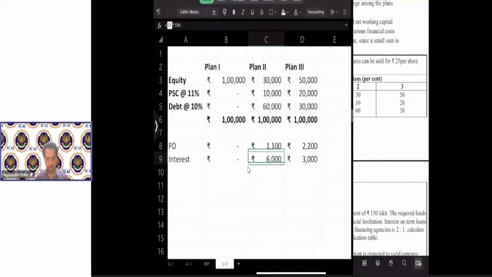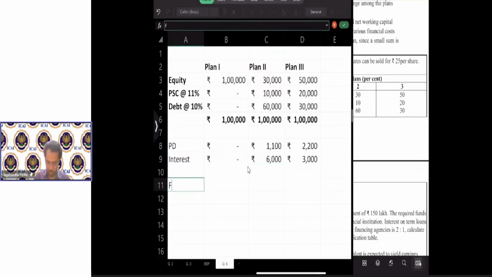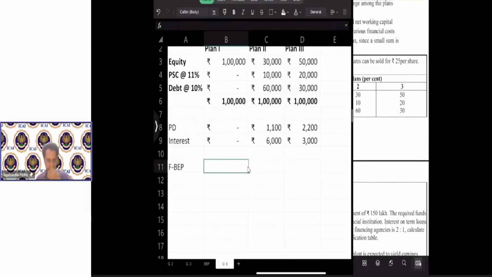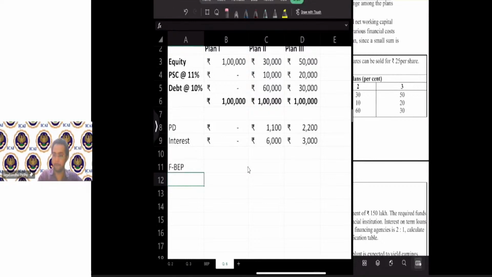Now we can get the financial break-even point by using the very simple formula, right? So the financial break-even point formula we had, which was interest plus preference dividend divided by 1 minus t.